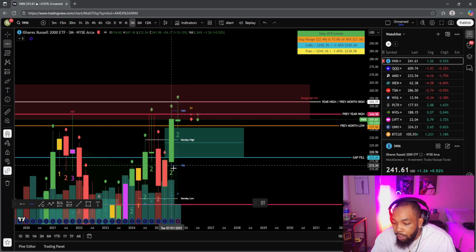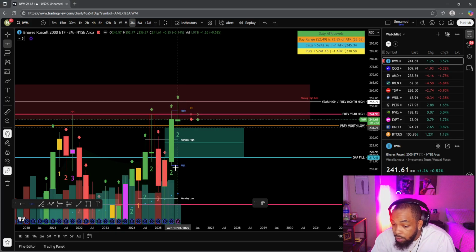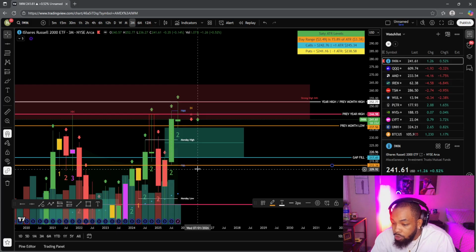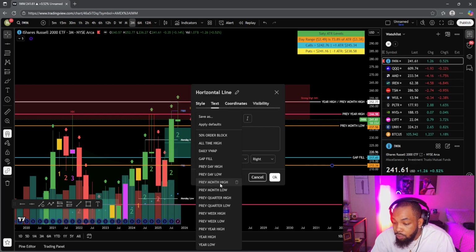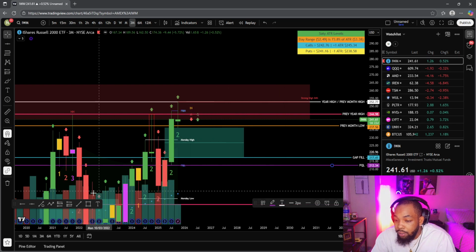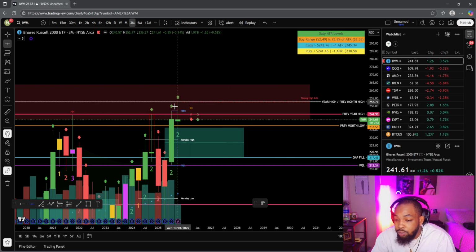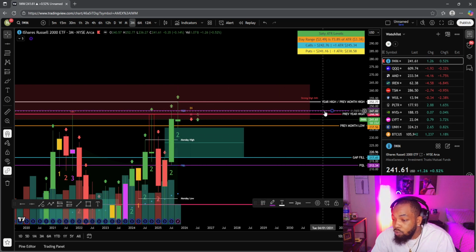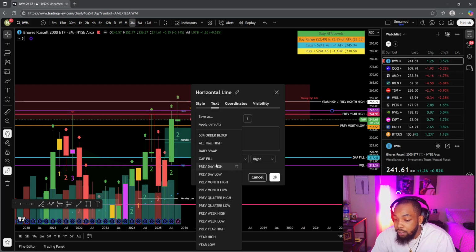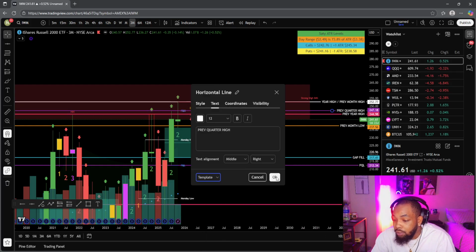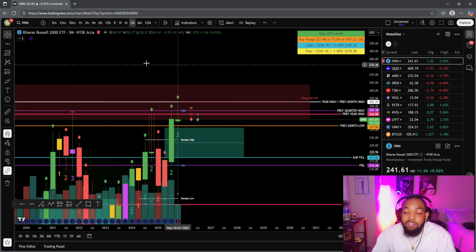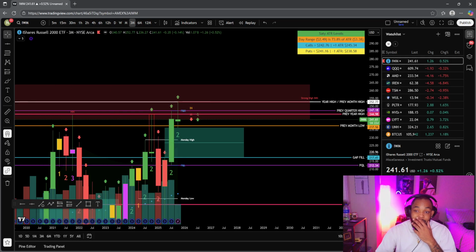But we have our previous quarter lows here at 212.32. So previous quarter lows right there. And then we have our previous quarter highs here at 247.18. This will be previous quarter highs. Cool. So now we're going to drop back down to our monthly time frame.